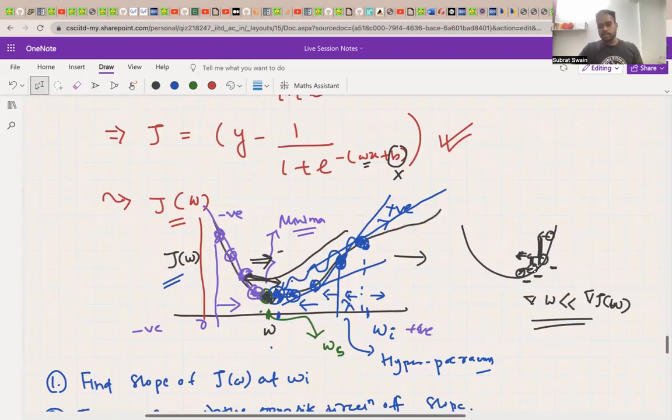You're just coming from this point to this point, so the change will be very little. Here it's quite more.